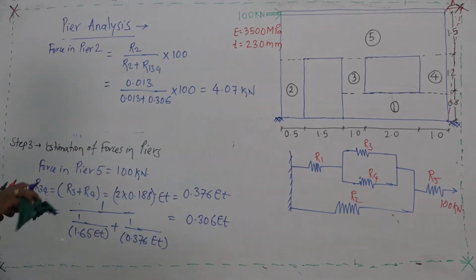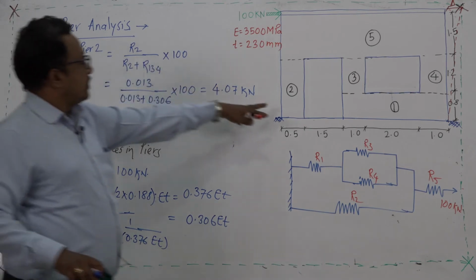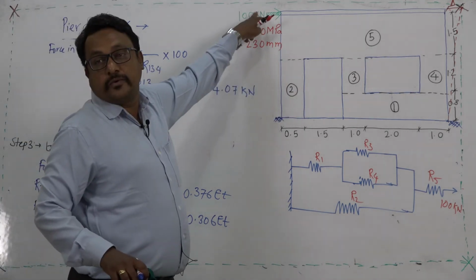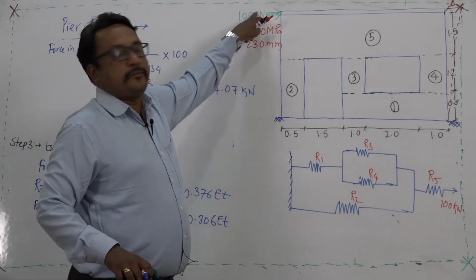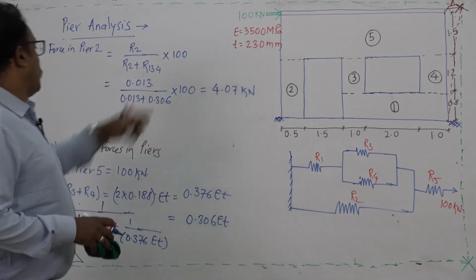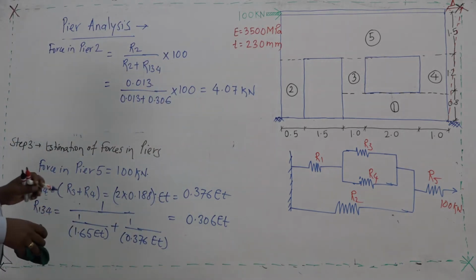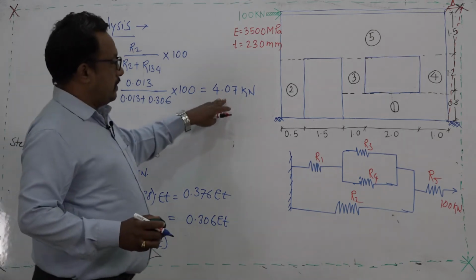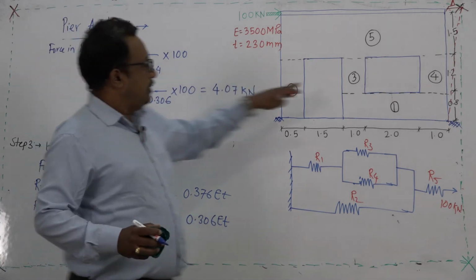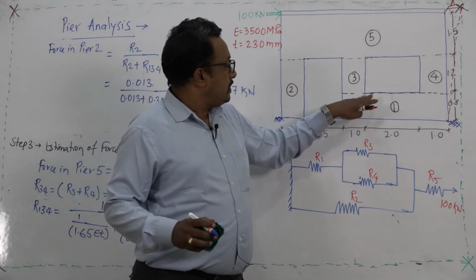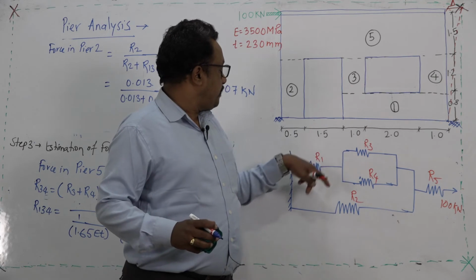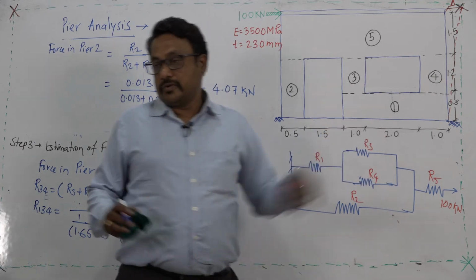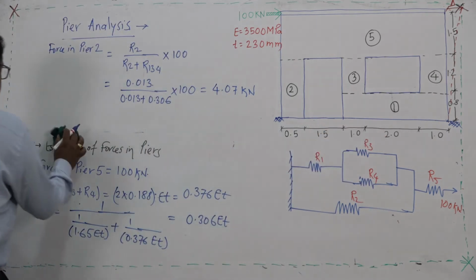So, force in pier 2. Let us see here, the 100 kilonewton force is applied at the top of the wall, but 4.07 kilonewton is the force in pier 2. The remaining part of the 100 kilonewton will obviously be the force in the combination of piers 1, 3 and 4. So, I will write here.